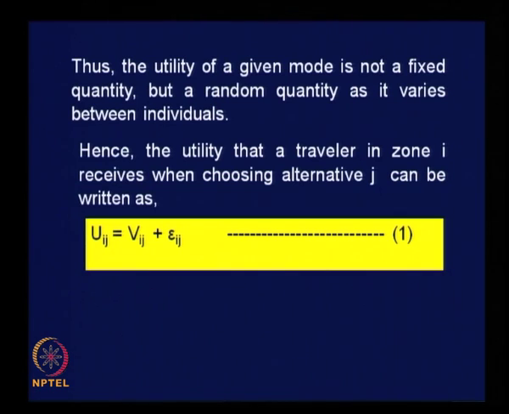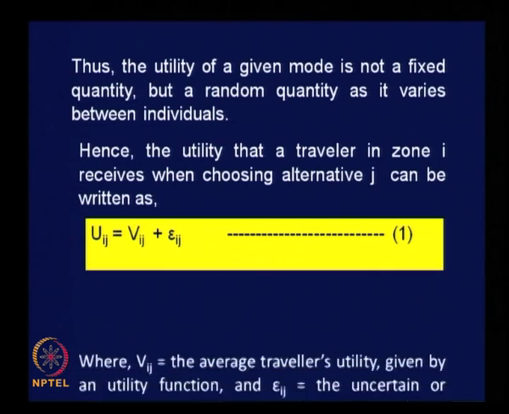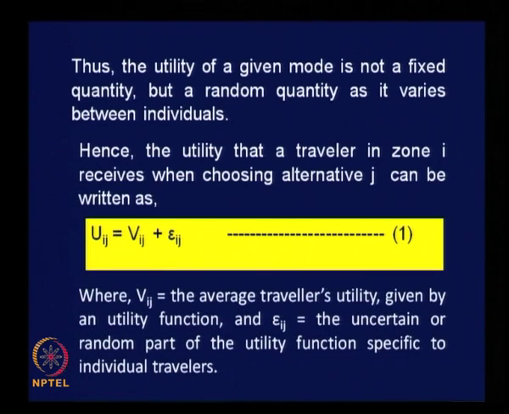And we are trying to introduce one more term, epsilon ij, where Vij is the average traveler's utility. That is very important. Vij represents just the average traveler's utility.